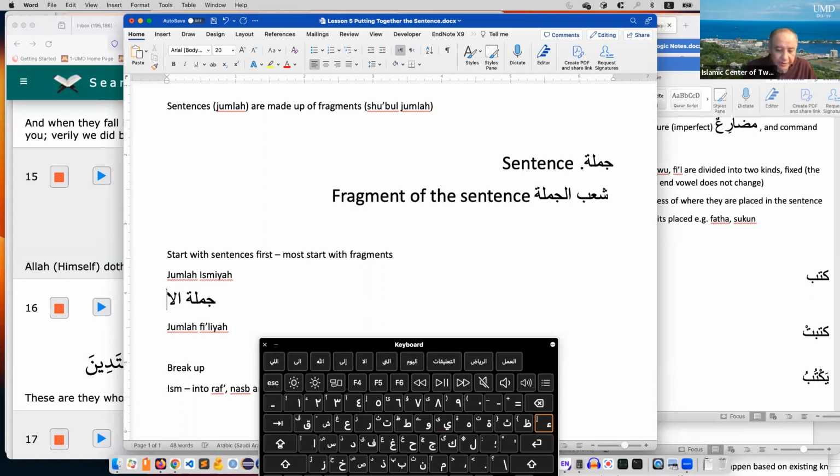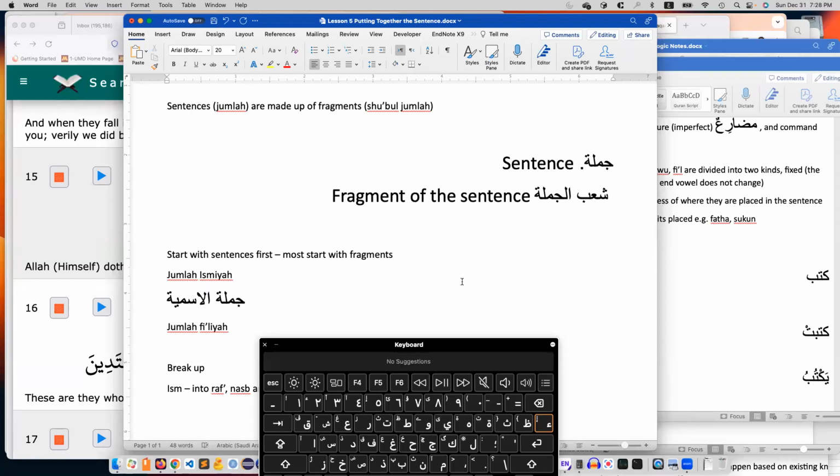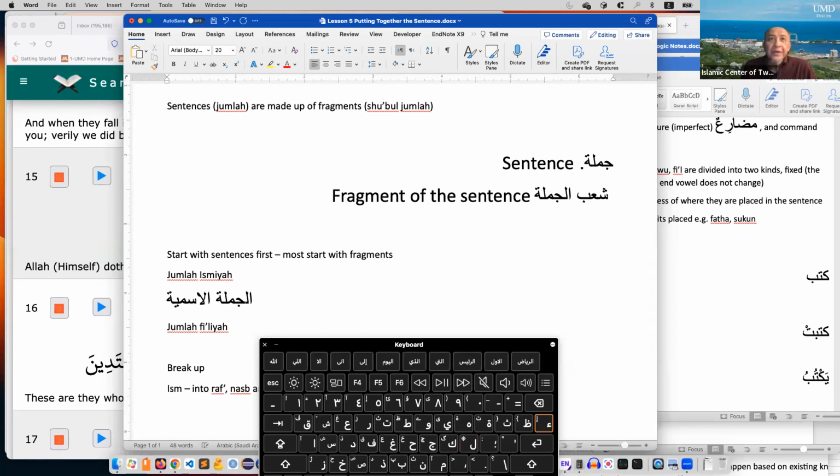Alif again, sin, mim, ismiyatu, ya, and I think it's ta marbuta. It's more proper to call it جملة اسمية or الجملة الاسمية, so let's put it with the Al. Al-jumlatu ismiyatu. All right.